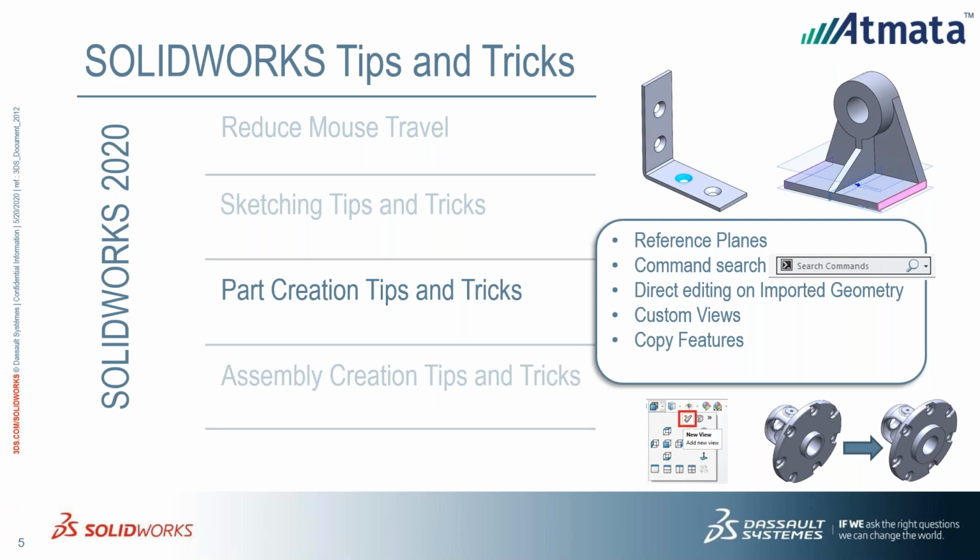Command search: in SolidWorks, you can access any command within seconds by using the search command. Next, by using move face and delete face, you can edit any imported geometry. By using new view in view orientation, you can create your own custom view for detailing purposes. By holding control and dragging, you can copy any feature.